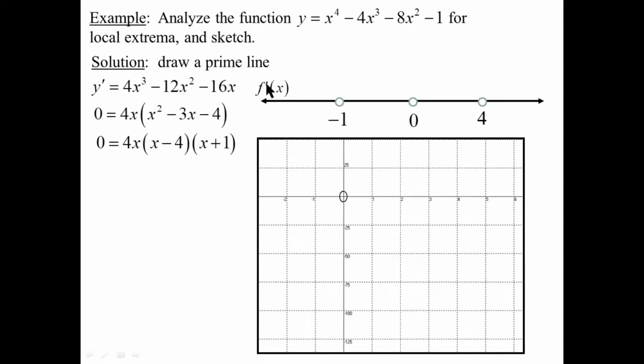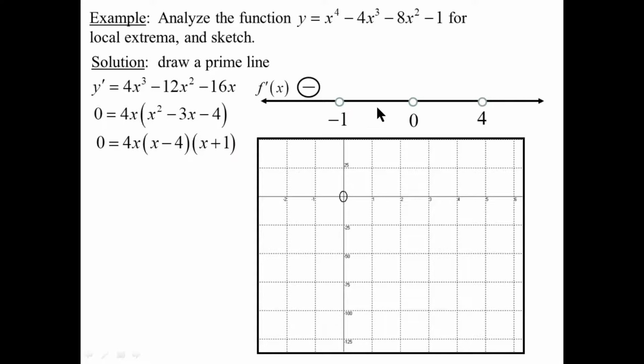Well, to the left of -1, we have the arrow here, so we can sub in something very large and negative. Large and negative, well, large and negative when cubed is negative. And so this whole section will be negative, sloping down.